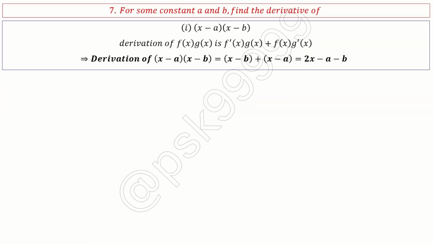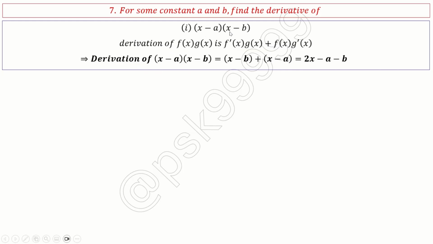Okay, next. Find the derivative of (x-a)(x-b). You can do this using the derivative of f(x)·g(x), which is equal to f'(x)·g(x) + f(x)·g'(x). You take the derivative of the first term multiplied by the second term as is, plus the first term as is multiplied by the derivative of the second term.